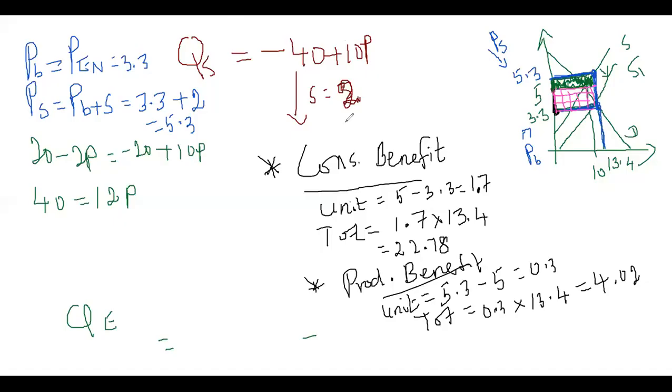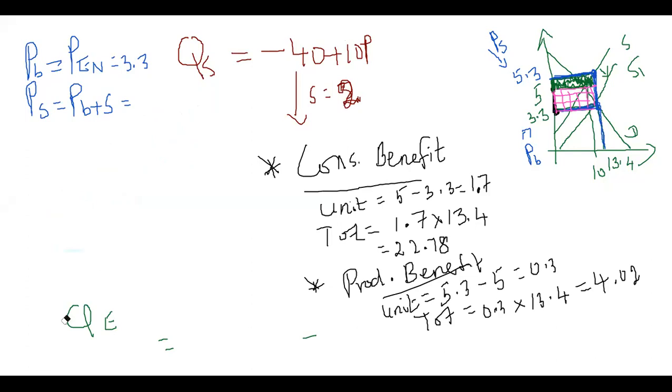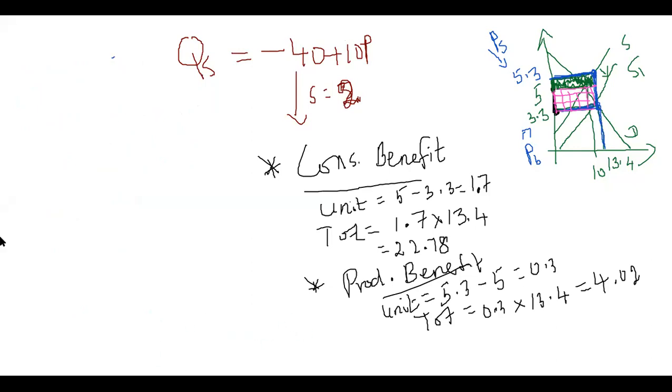When you calculate the total subsidy, you can go by two methods. Either adding the consumer benefit and producer benefit, or you can calculate unit subsidy into new equilibrium quantity. Two methods are there: adding the consumer benefit and producer benefit, otherwise unit subsidy into new equilibrium quantity.